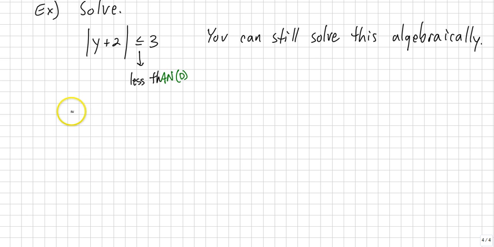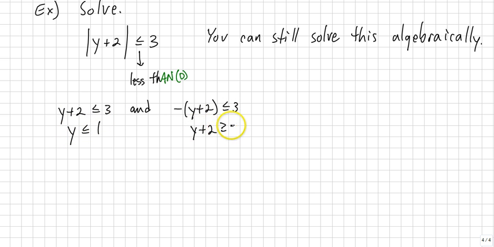So we end up with the absolute value of y plus 2 could either be y plus 2, or it would be the opposite of y plus 2. And this is an and. So we subtract 2 from both sides, divide by -1, subtract 2, and then we graph it on the number line so we can see our solutions.